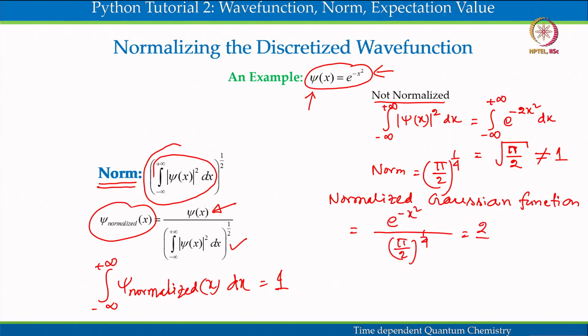So this is nothing but 2 by pi to the power 1 by 4 e to the power minus x square. That is the normalized Gaussian wave function.